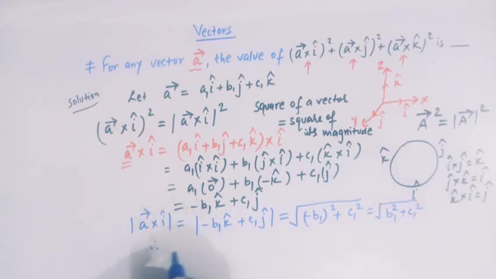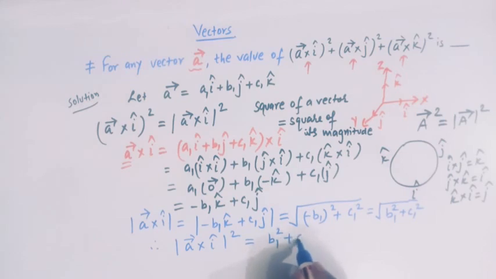And therefore the magnitude of A cross i cap square is equal to B1 square plus C1 square, right?